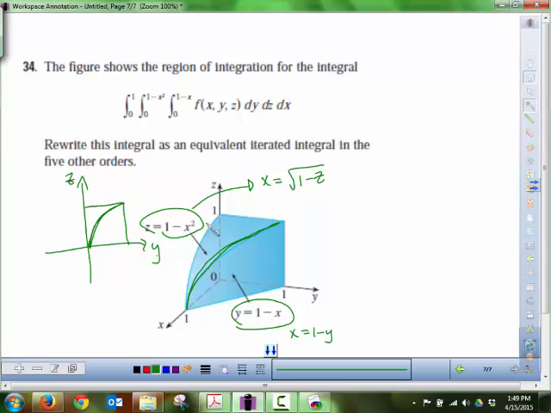I think we had this discussion earlier, right? This is positive. So if we set that equal to each other, we have square root of 1 minus z is equal to 1 minus y. And now we have a relationship between y and z. I suppose we can square both sides, and then bring the z over, I don't know.